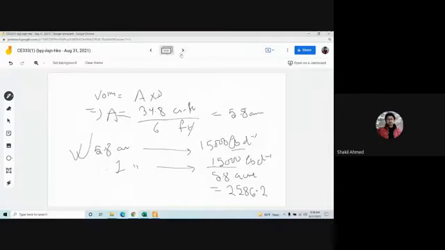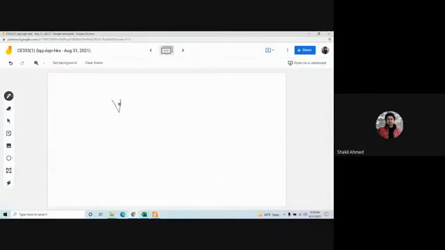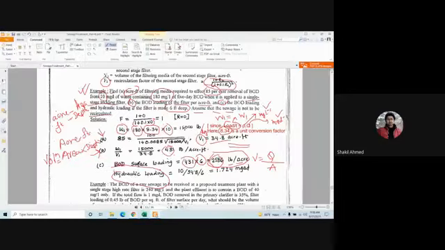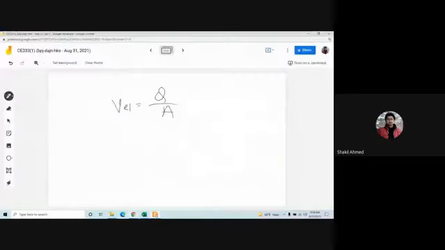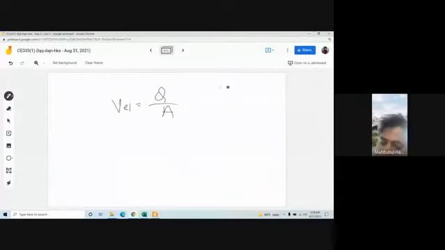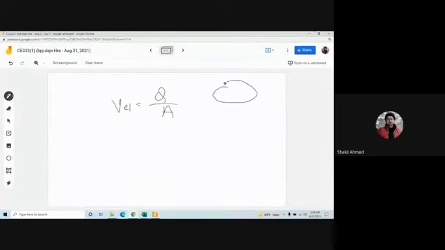So velocity of the flow, velocity equals to what? Q by area. Clear? Right? Yes, sir. So if you look at the trickling filter like this, here there's a filter media.